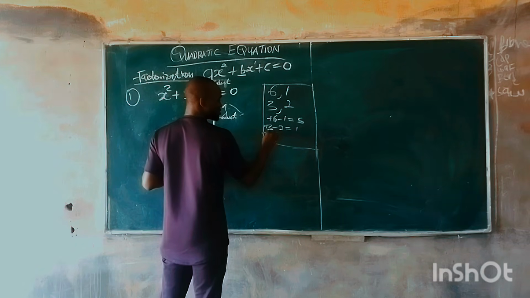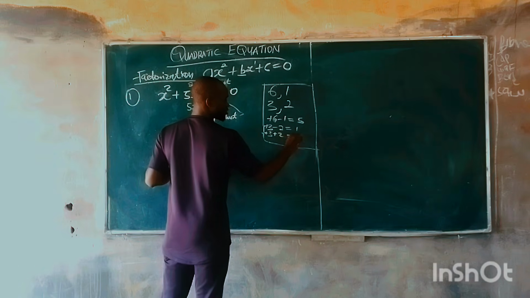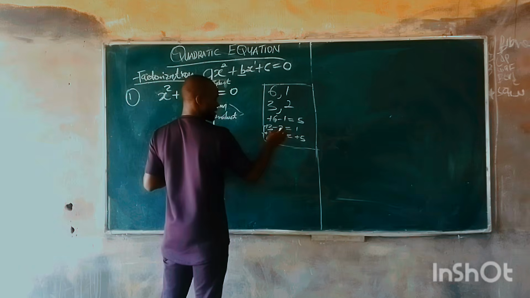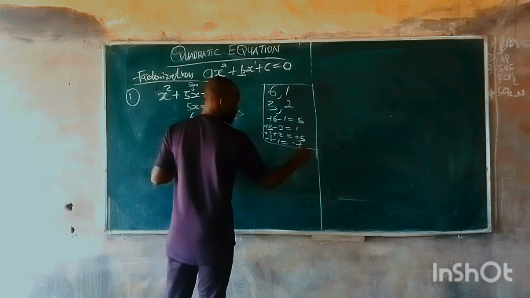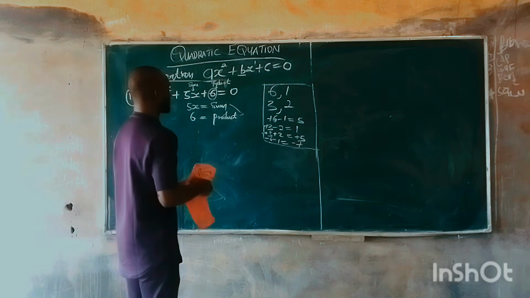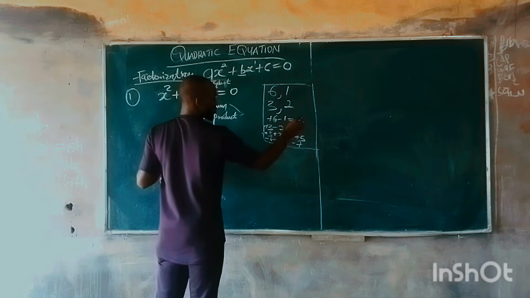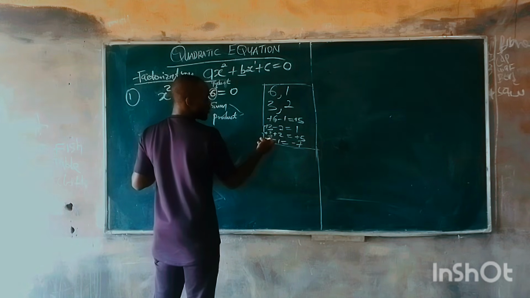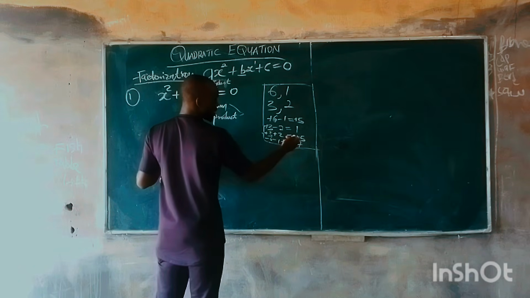If I say plus 3 plus 2, I'll have plus 5. And if I say minus 6 minus 1, I'll have minus 7. So looking at what we have here, you find that if we use plus 6 minus 1, we have plus 5. And if we use plus 3 plus 2, we also have plus 5.